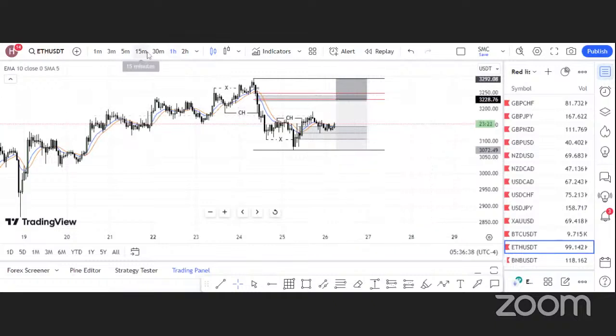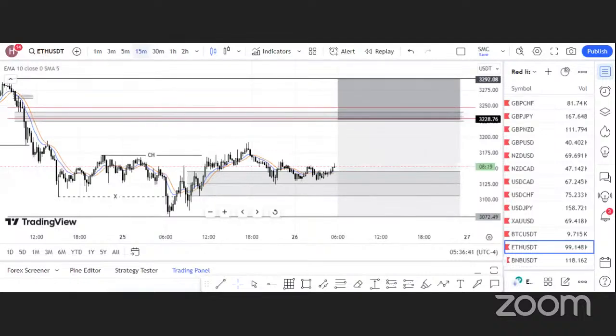For Ethereum USDT, let's go to the lower time frame.